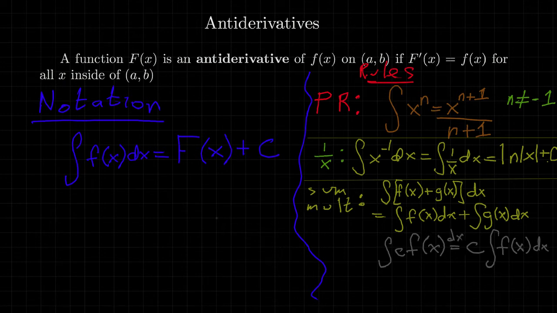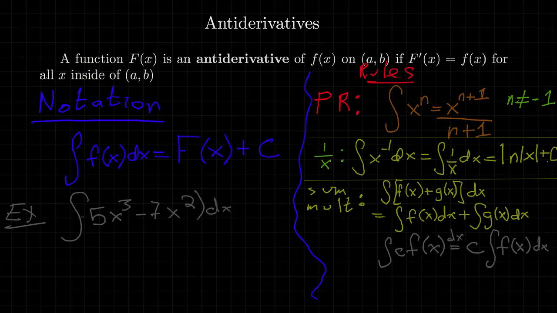Okay, so for example, let's say I've got the integral of 5x to the 3rd minus 7x squared dx. So basically what these two laws are telling me is that, one, this constant I can just leave it there, and then I can find the antiderivative of each one individually.